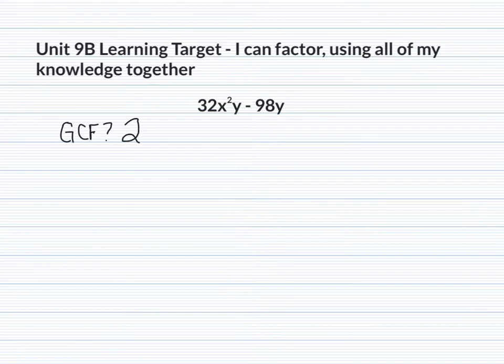I also see that both of them have a y, so we will take out 2y. And when we do, we're left with 2y, 16x squared minus 49.